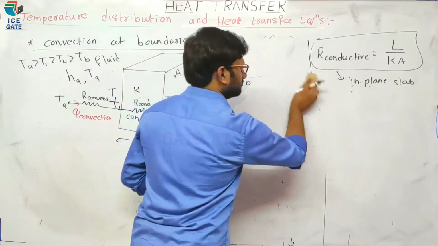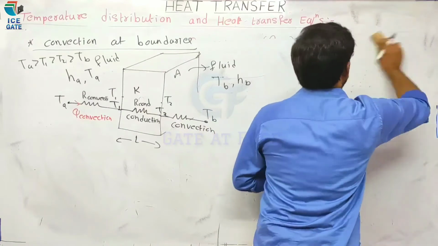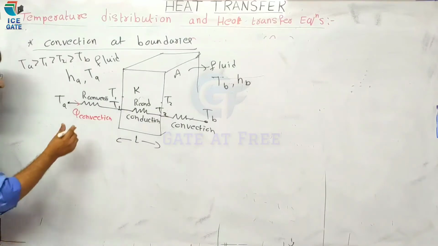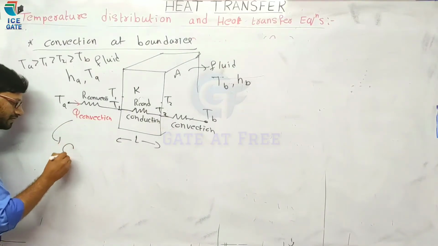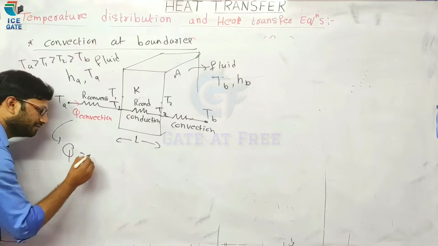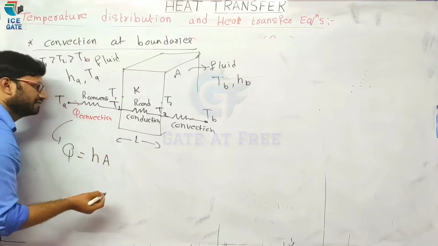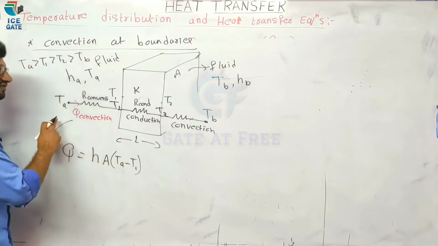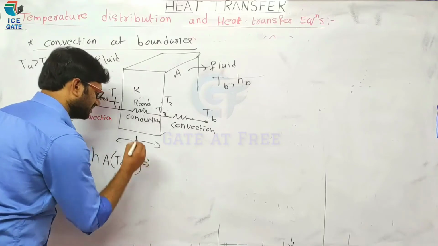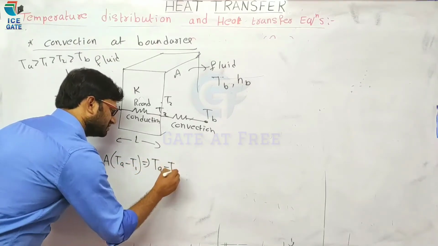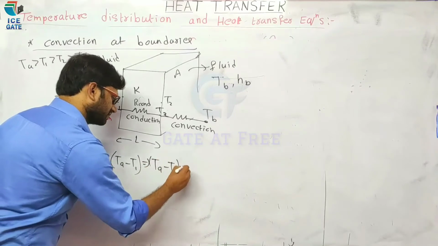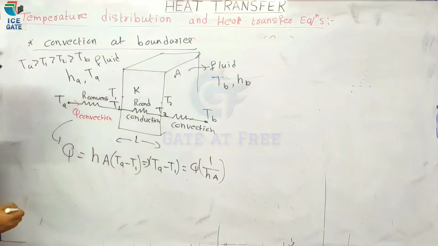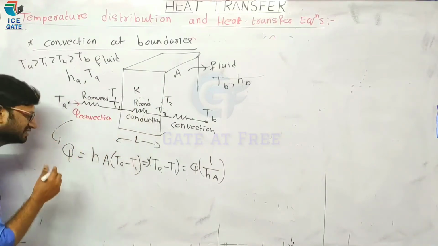Now convection, first one: Q is equal to, what is the convection formula? H A delta T. What is delta T? TA minus T1, from TA to T1. Now this can be written as TA minus T1 equals Q into 1 by HA A. Now take the conduction equation in the plane slab.